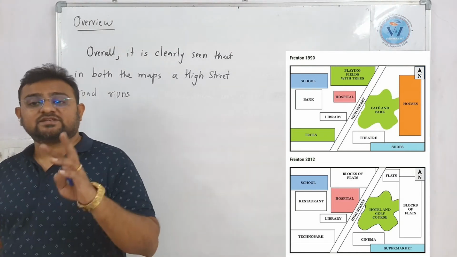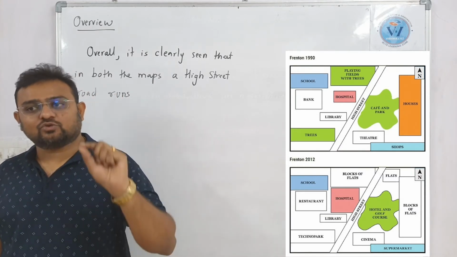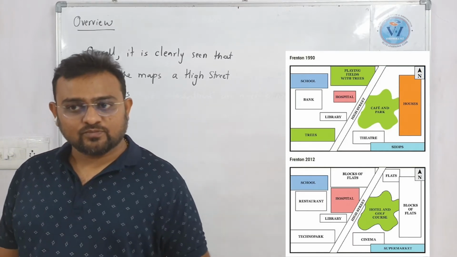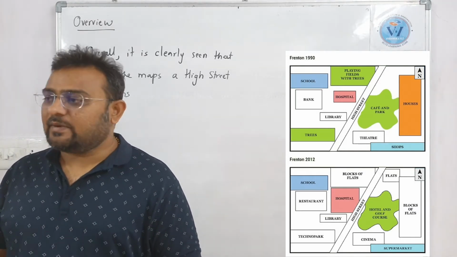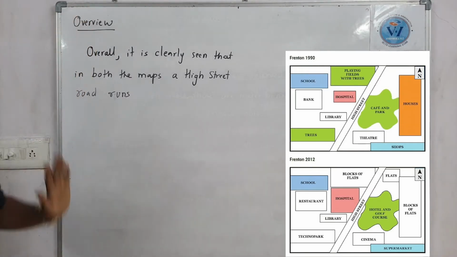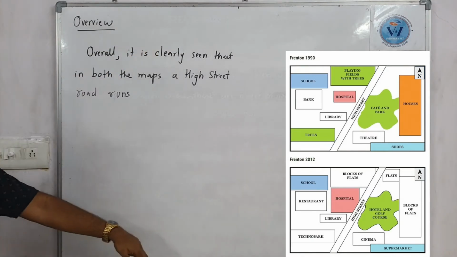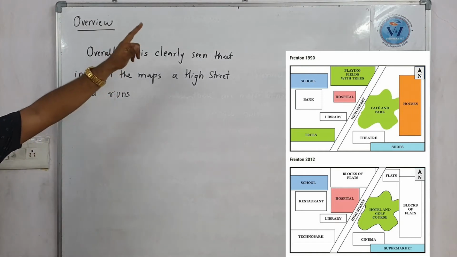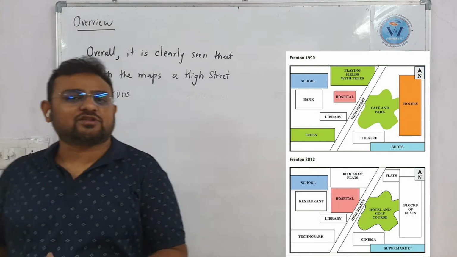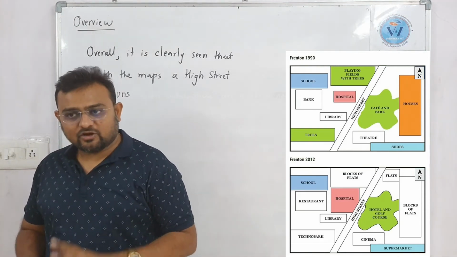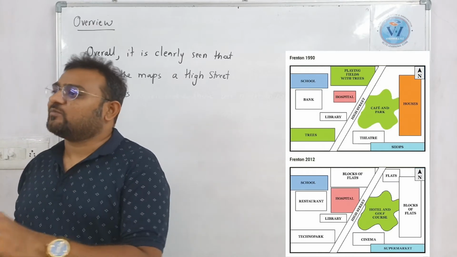Now see in this map you can see that at the top corner N is given. Okay. If that is given, only then can you use north, south, east, west. If north, south, east, west is not given, then we have to use right, left, top, bottom. And remember the corner and central part, north, south, east, west, northeast, southeast, northwest, southwest. Similarly, if north-east etc. is not given, then use central part, top, bottom, right, left. If you want to take a corner, then right-hand top corner, left-hand bottom corner.